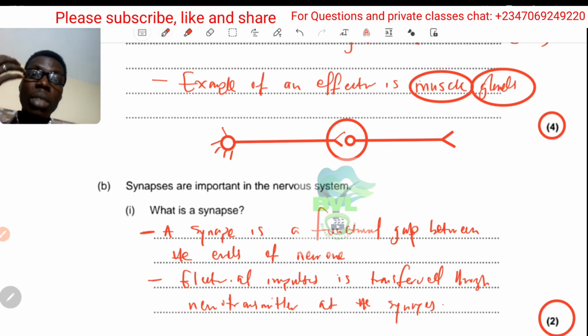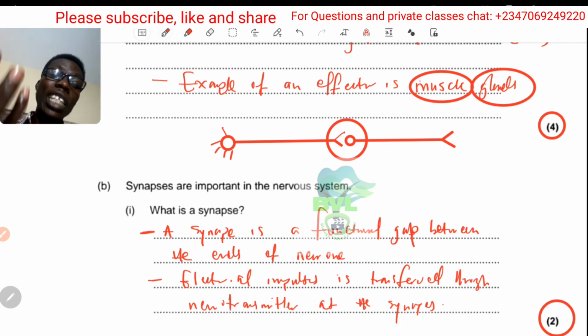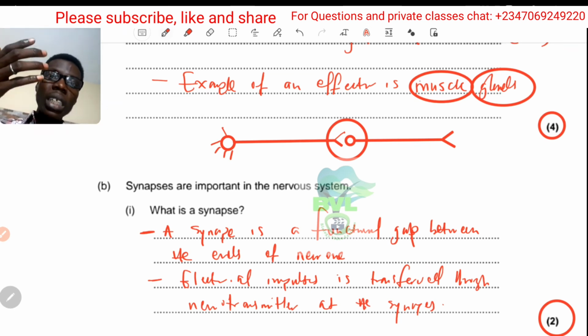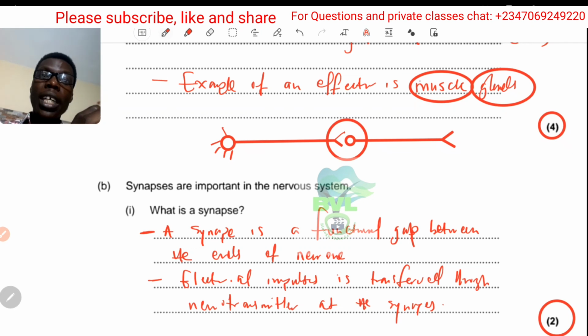So we've defined what it is, then we explain more. There are more points. You can decide to say at the synapse, drugs can work to either block the neurotransmitter, but preferably it's good you make mention of the 2 points. Now we've defined what it looks like structurally. Then we've talked about the function, the chemical secreted there that makes it carry out its function, basically.